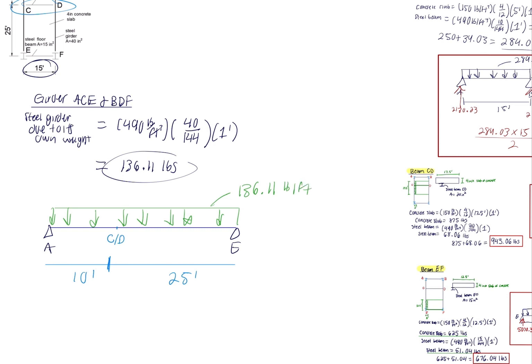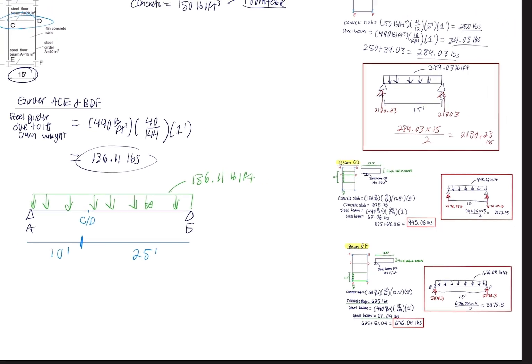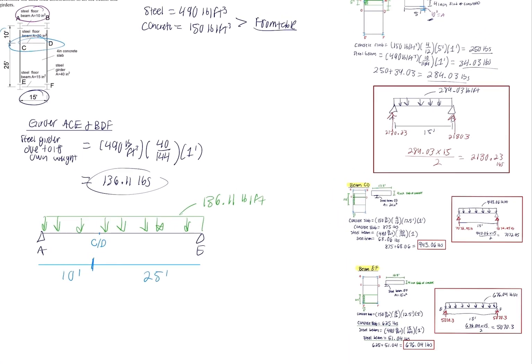And then, as mentioned before, the reactions from the beams will be necessary. So at point A, we will go to beam AB and look at the reaction. We see that it is 2,130.23 pounds, so we will put this point load here.